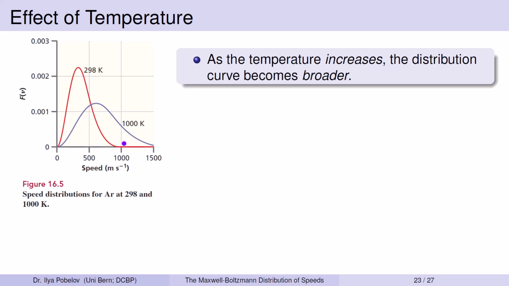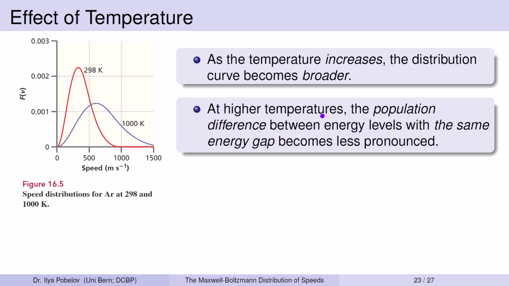Moreover, as the temperature increases, the distribution curve becomes broader. This is also connected to the occupation probability. At higher temperatures, the population difference between energy levels with the same energy gap becomes less pronounced. The exponential factor in the Boltzmann distribution becomes less steep, and the distribution spreads over a wider range of speeds.